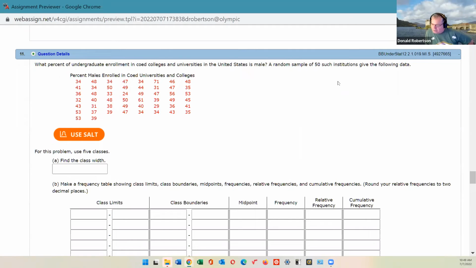If you went back to America, say 50 years ago, there'd be many more males at university or community college than females. But today that has changed. Olympic College, do you know what percentage of males to females there are at Olympic College? Do you think it's even, or do you think there's more females?